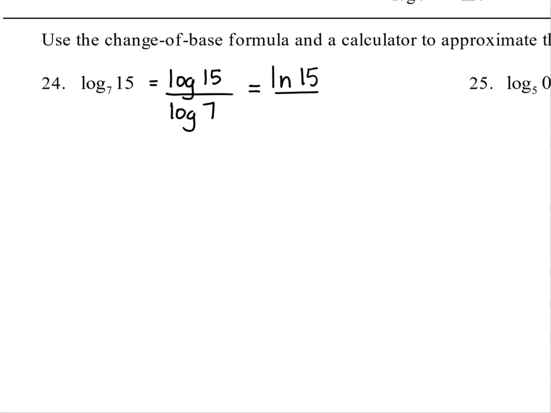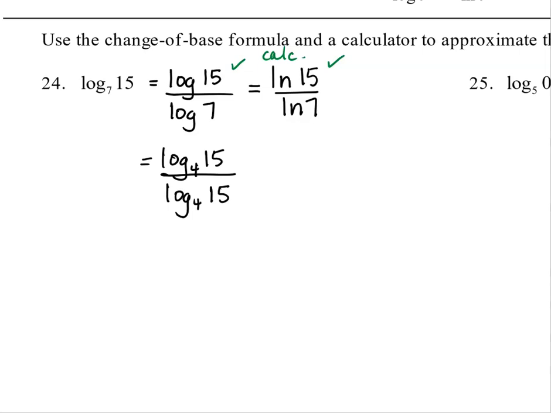Say natural log of 15 over natural log of 7. These are perhaps the most two common because there's buttons in our calculator for log and for natural log. Not every calculator has a button for, say, log base 4. But the change of base formula says we also could have evaluated this with a log base 4.